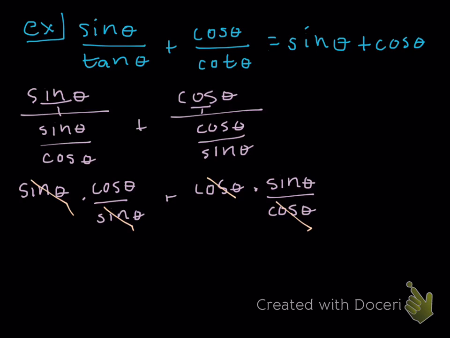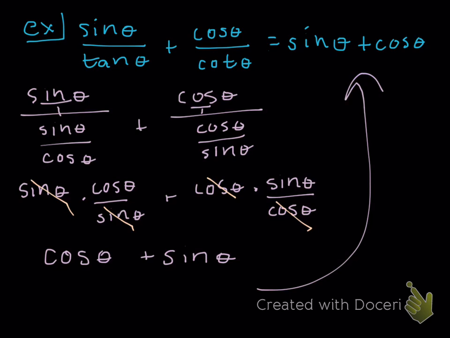So now I have cosine of theta plus a sine of theta. And addition is commutative, so it does not matter which one I put first. So cosine of theta plus sine of theta is the same thing as saying sine of theta plus cosine of theta. So we have now verified the identity. Again, tomorrow in class we're going to talk about a different way to prove this same problem. But that's all for today.